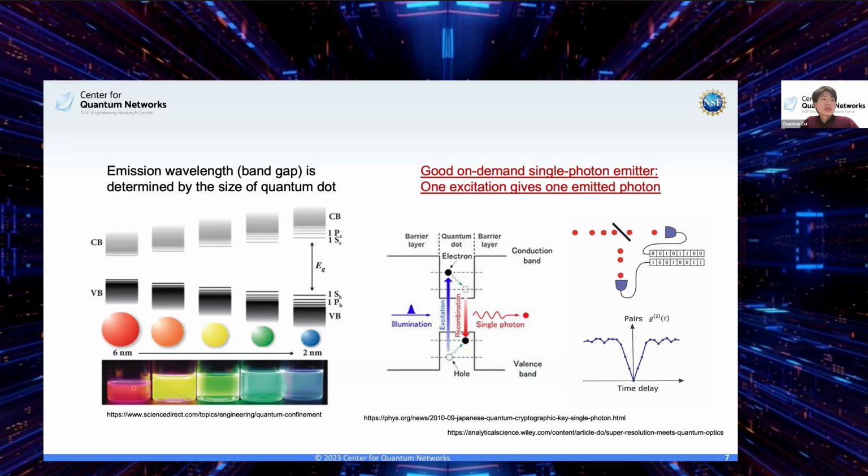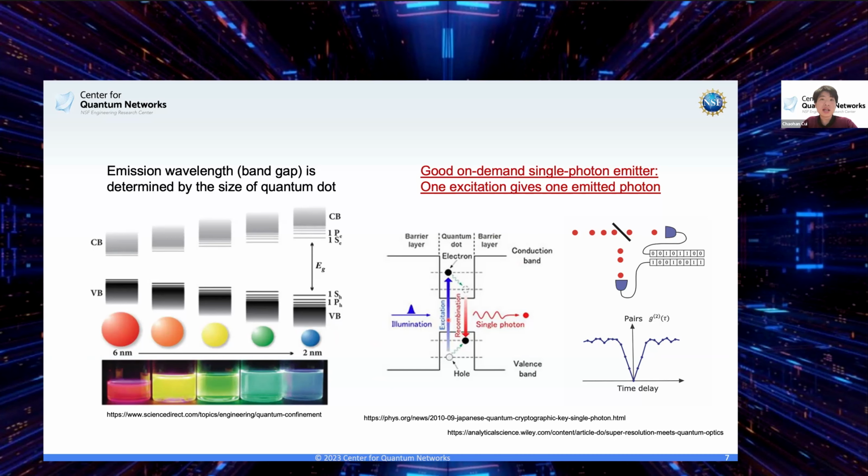This gives you emission light equal to the energy gap of these confined structures, at longer wavelengths, toward the red. If you have a smaller size, then you can tune it to shorter wavelengths, higher energy photons, and that's blue light.